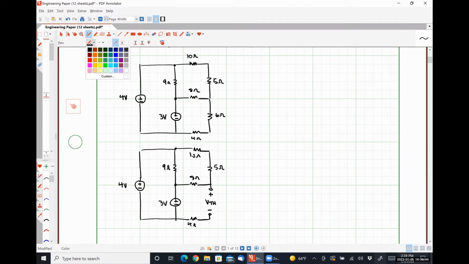So using mesh analysis, I'm going to call this mesh current IA. This mesh current IB. Am I forgetting to include a mesh? Let's start there.